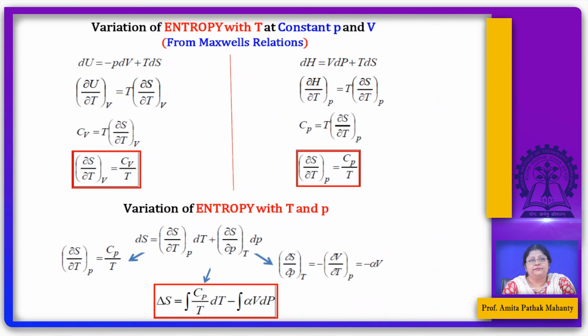If you use that from the definition, you can find out that delta S by delta T is actually given by Cv by T. So you don't need to measure this, but you can measure this. These are measurable terms for which you can find out the variation of delta S with T at constant volume.